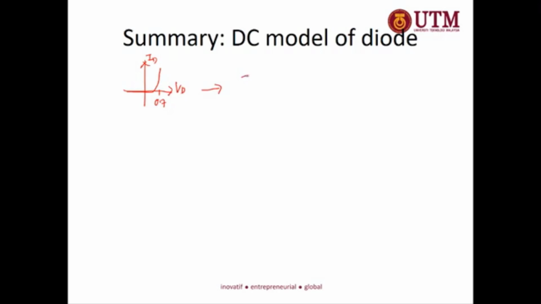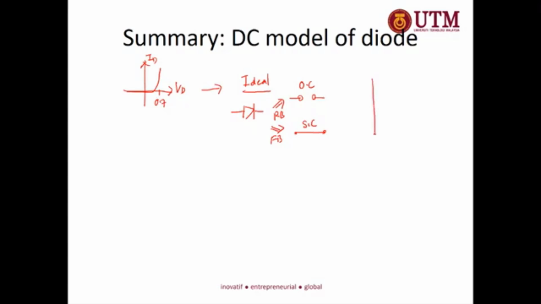First is the ideal model. In the ideal model, the diode can be replaced by an open circuit in reverse bias. In forward bias, we can replace it with a short circuit.